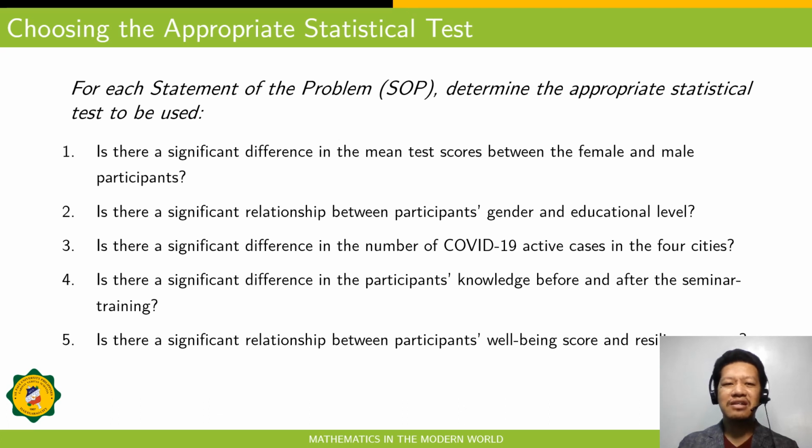Is there a significant relationship between participants' gender and educational level? Is there a significant difference in the number of COVID-19 active cases in the four cities? Is there a significant difference in the participants' knowledge before and after the seminar training? And is there a significant relationship between participants' well-being score and resilience score?